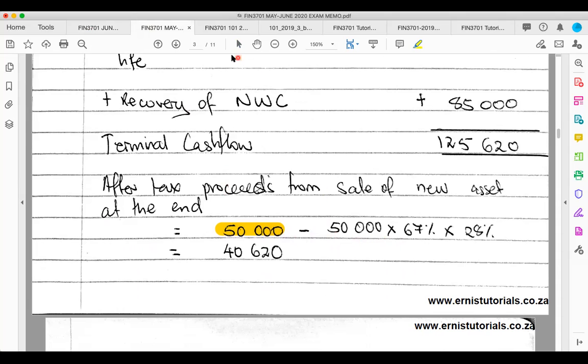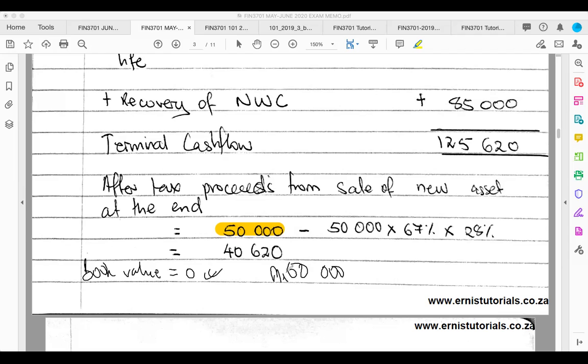Because at the end of its life, the new asset will have a book value of 0. The new asset at the end of its life will always have a book value of 0. And then the market value, we can sell that asset for 50,000 Rand, right? So because the market value is more than the book value, it means we are selling this asset at a profit, okay?